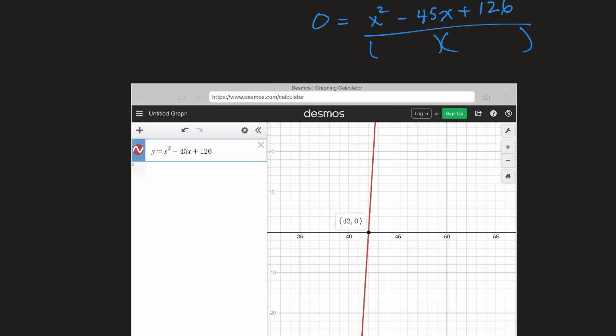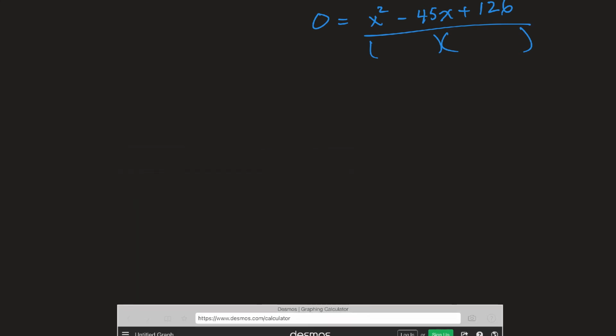So if I was factoring that, I'd use 3 and 42. So this would be x minus 3, x minus 42. Because the product would be 126, and if you add them together, you get 45. Following the zero product property, x is 3 or x is equal to 42.